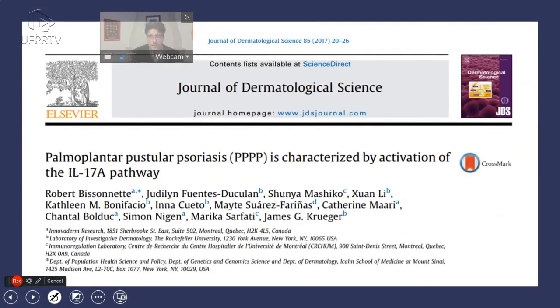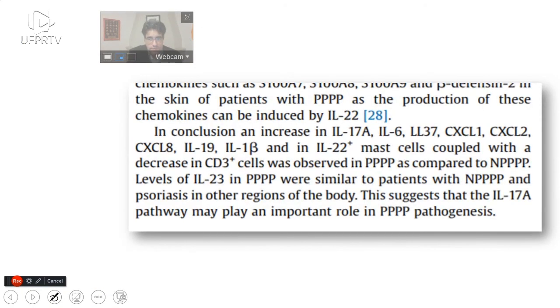Here you have something from dermatological science, just to show you a panorama of different things. And here you have the phrase in conclusion, which again is the então tá of this article.